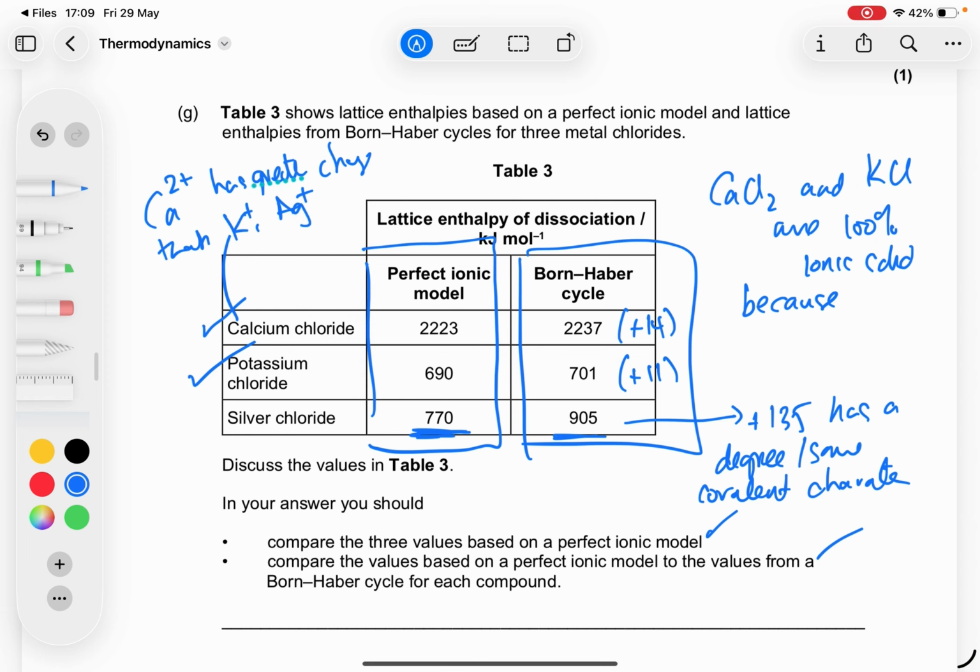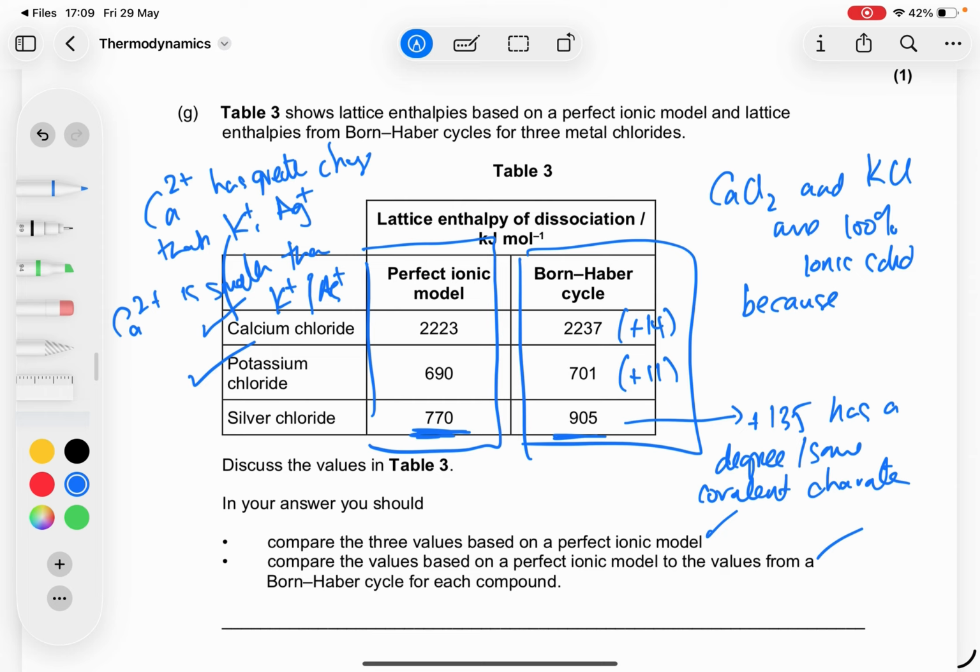Because the chloride ion is the same, isn't it? And we can say calcium 2 plus is smaller than potassium and silver ions. Which means that the calcium ion has greater charge density. Okay?